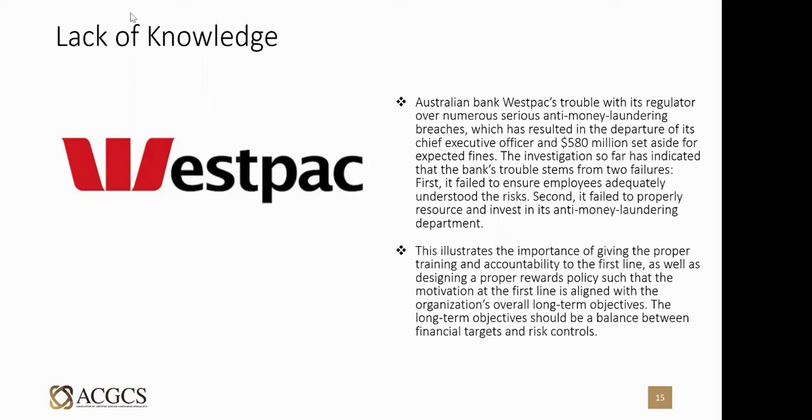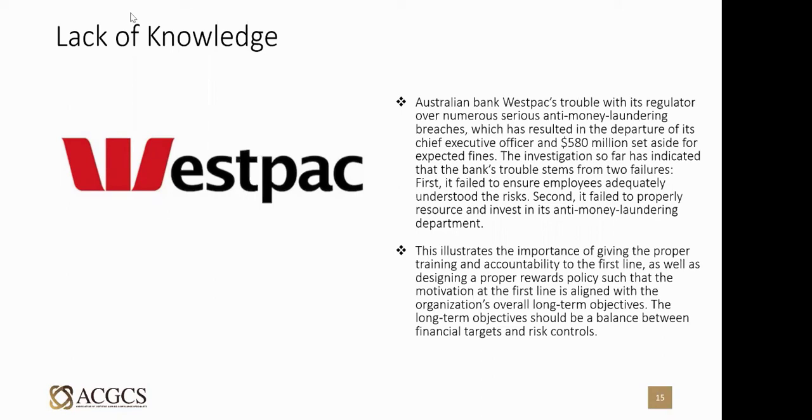The accountability was all put in the 1st line, but there wasn't any motivation on adhering to compliance and ensuring that regulatory requirements were met. It was more on business and creating more return on investment, right? So it can't be both.